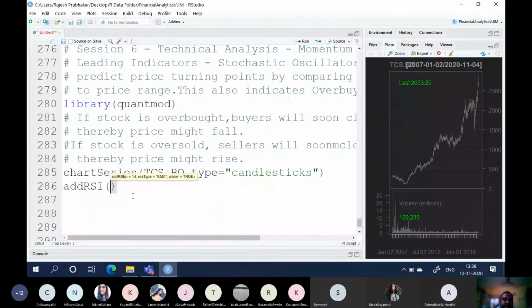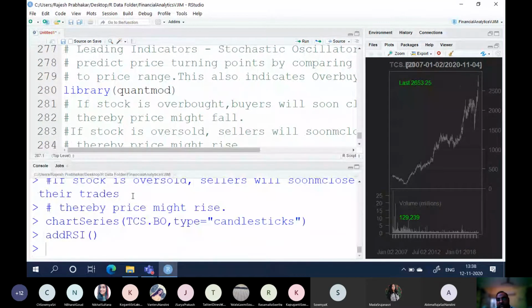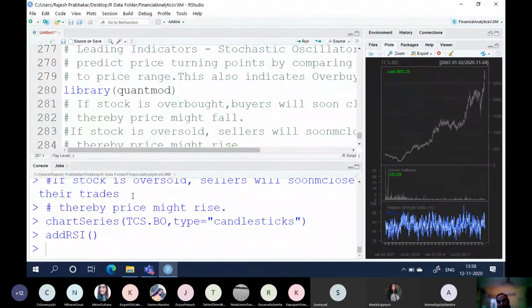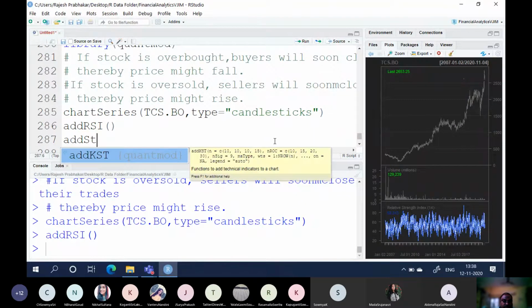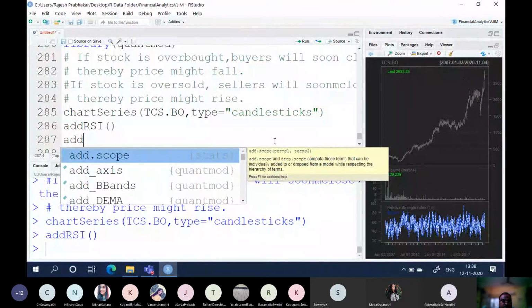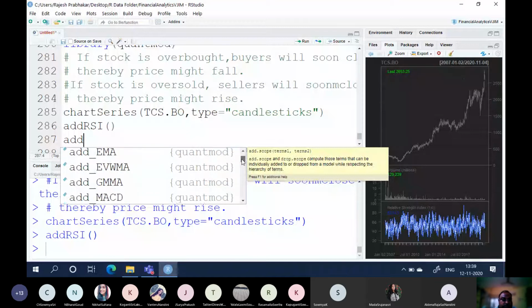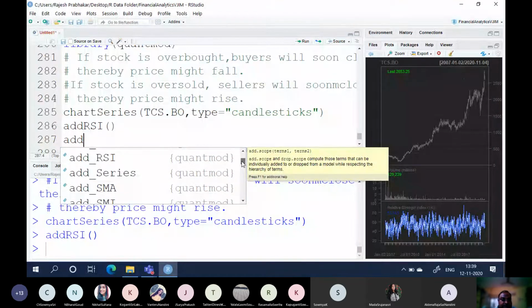I am also adding RSI, which will add a separate chart in the bottom. Relative strength index, it is around 52.313. Then we will also add the stochastic oscillator.